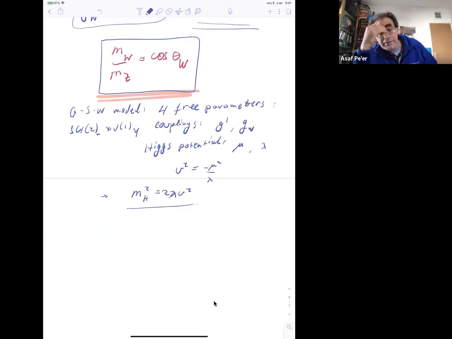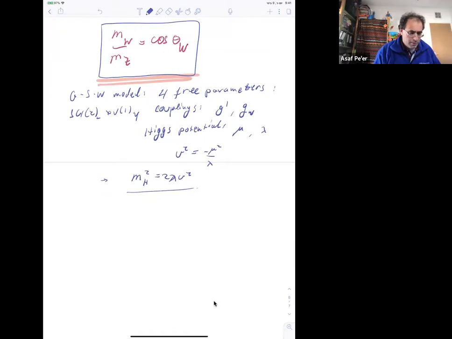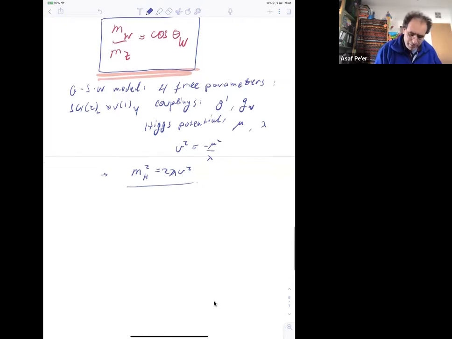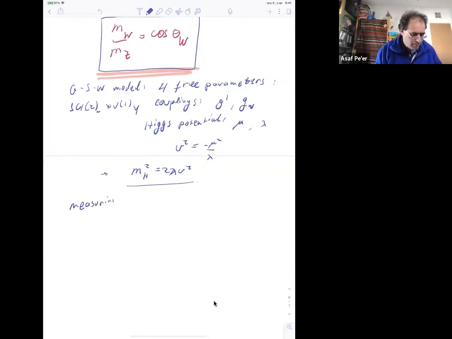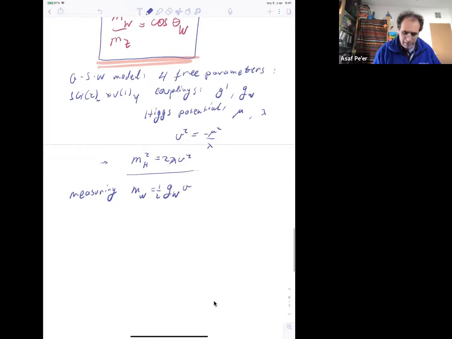Now, if we know the mass of the W, which we do now, and we can measure the coupling constant for the weak interaction, something we can measure via the Feynman diagrams and basically the decay rate of, let's say, neutron beta decay, then measuring M_W and g_W, the weak coupling, we can get the value of v.